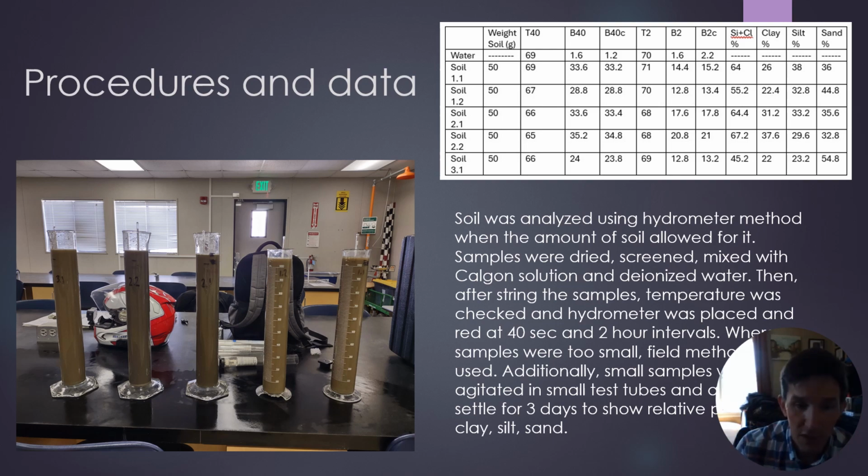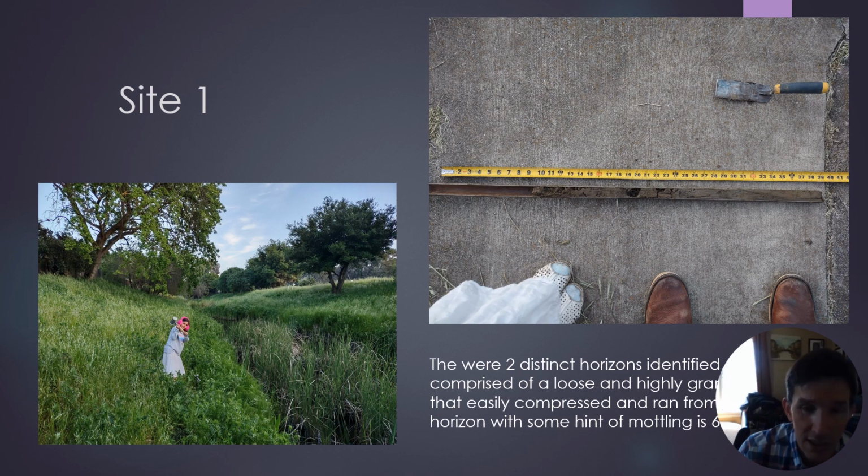So let's move on. This is site 1. Site 1, as you can see, is a steeply banked river channel, and there's my daughter. She's hammering a soil probe right by the water's edge.